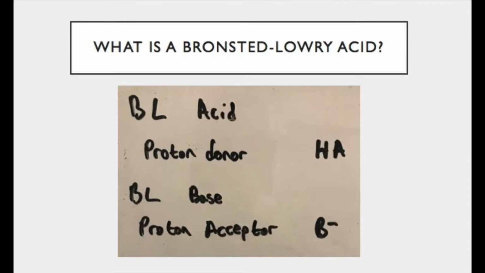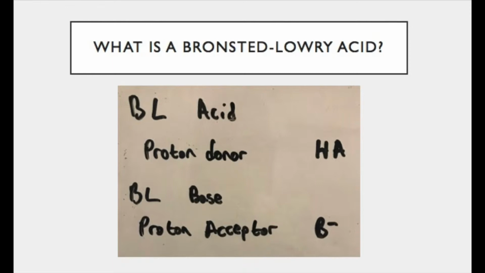So a Bronsted-Lowry acid is a proton donor, meaning that it has an available hydrogen to donate to another species, right? Remember, hydrogens are positively charged. So if an acid is a proton donor, then conversely, a base must be a proton acceptor and must be negatively charged. In order to accept a positive charge, you have to have some negative charge.